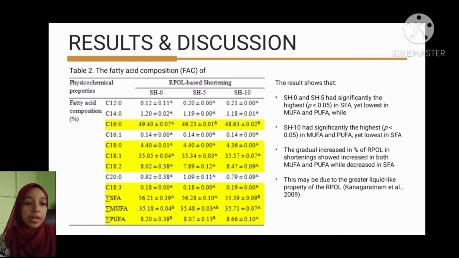This finding indicates that the gradual increase in percentage of red palm olein in the shortening has resulted in an increase in both mono and polyunsaturated fatty acid, but not in saturated, where we can see the decreasing amount of saturated fatty acid from SH0 to SH10. So we can conclude that this may be due to the greater liquid-like properties of red palm olein.